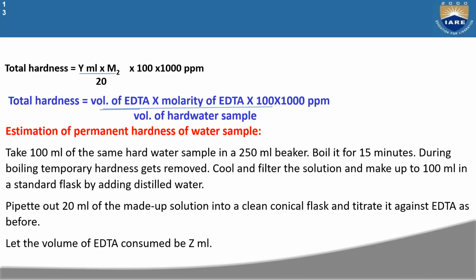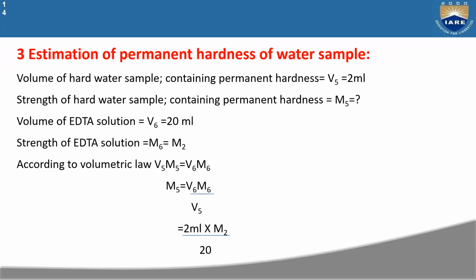The third step is the estimation of permanent hardness of the water sample. For permanent hardness, we have to remove the temporary hardness by boiling.